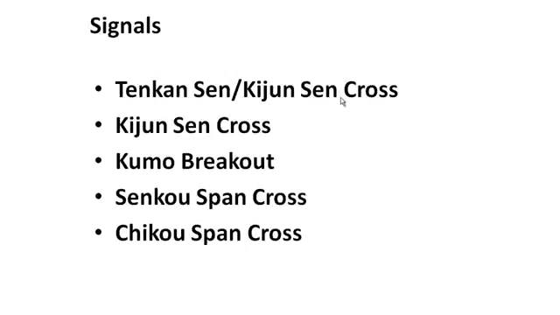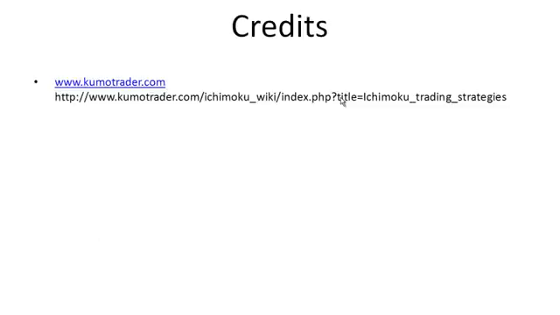The Senkou span cross, which is also called the Kumo twist, which signals a change of trend, and usually I use that for a confirmation signal. And the Chikou span cross, where Chikou actually crosses through price, and it's used for confirmation as well. Some credits: some of this information was taken from kumotrader.com, which gives you all the detailed information about signals and so forth.